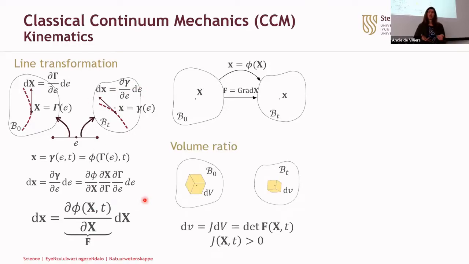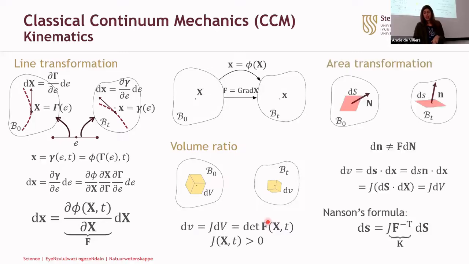The second important measure is related to volume, and it's the Jacobian determinant, which can be calculated by evaluating the determinant of the deformation gradient. And then the last important deformation measure is called the cofactor, and the cofactor relates surface elements in the reference and current configurations. So it's a line, an area, and a volume.